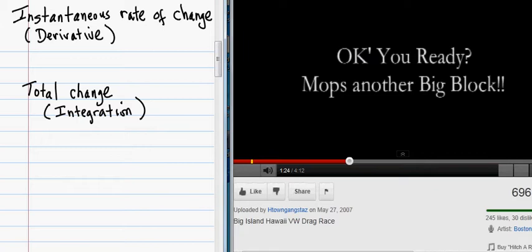This is a drag race on a quarter-mile track, and I want you to notice that the car is speeding up during the trip, starting at 0 miles per hour, of course, and reaching the finish line somewhere around 200 miles an hour. So the speed is not constant. It's changing at every moment. So let's watch the video.